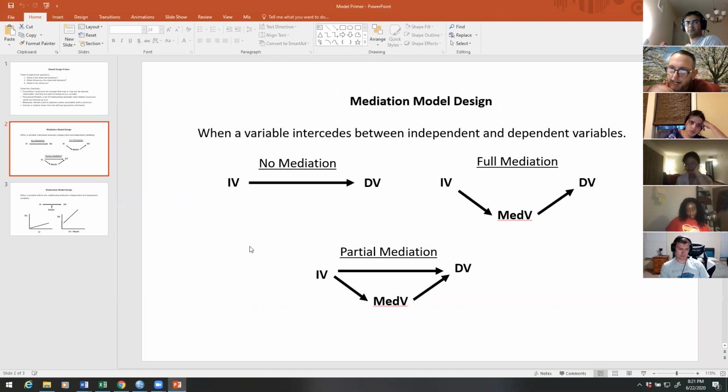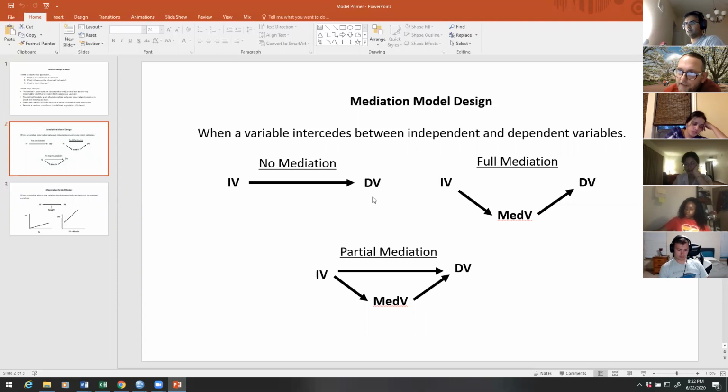So basically the idea here is, and I'm just going to step through this one little picture at a time. Mediation happens when you're creating a model and you have an intervening variable that sits in between the independent variable and the dependent variable. So again, we're talking about regression here, focused on regression. That's the way we identify this.